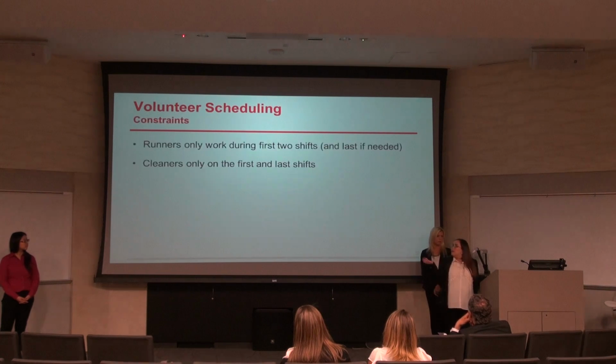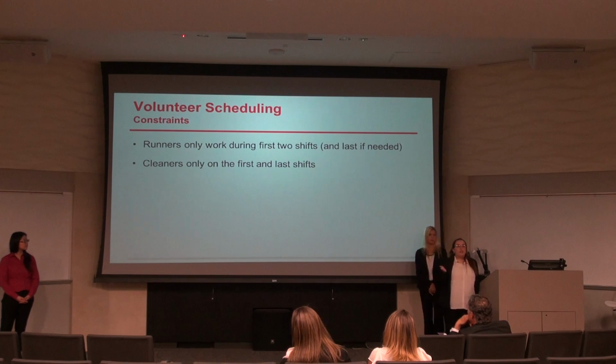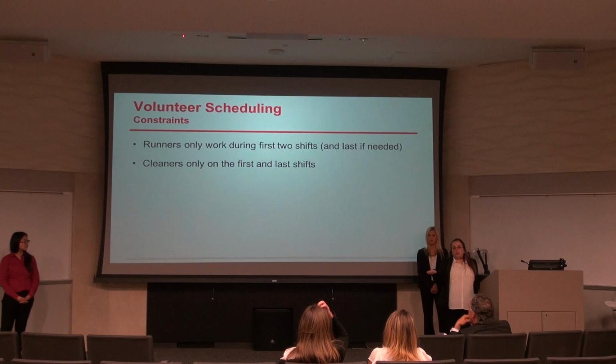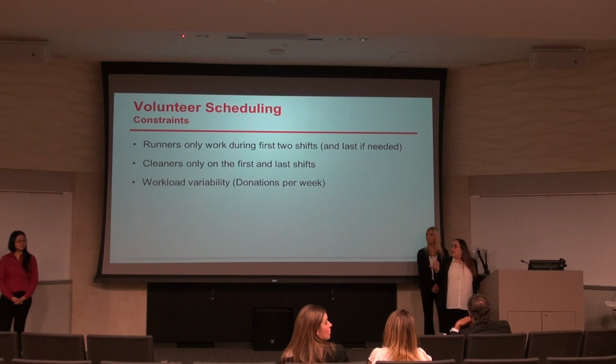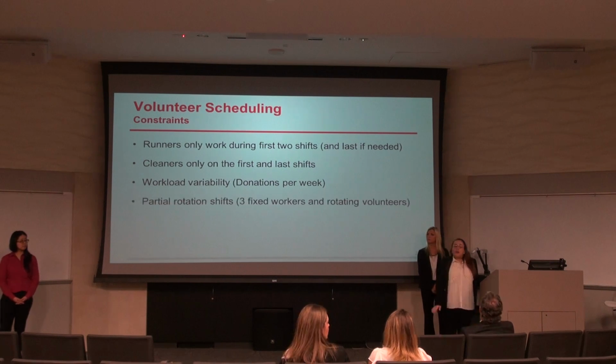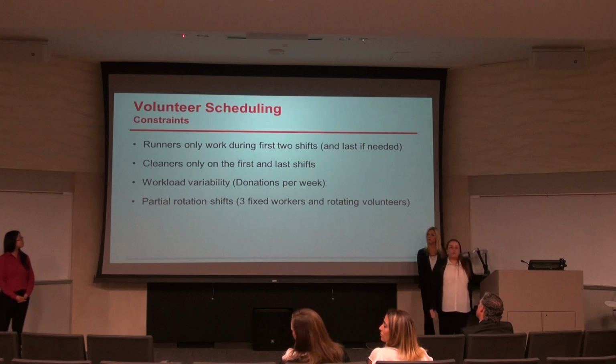So our constraints are basically that we want runners and cleaners to work only on the first or last shifts, just so they don't get in the way of customers shopping at the store. Another constraint was workload variability. Since this is a volunteer center, the amount of donations received per week may vary, so we have to take that into account. And finally, our final constraint was partial rotation shifts.